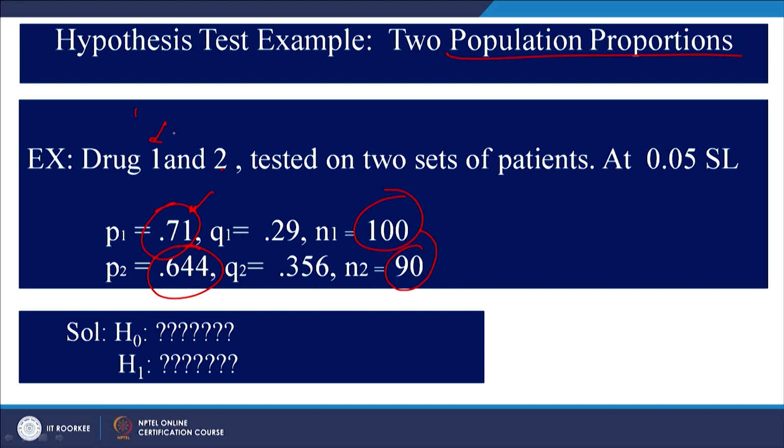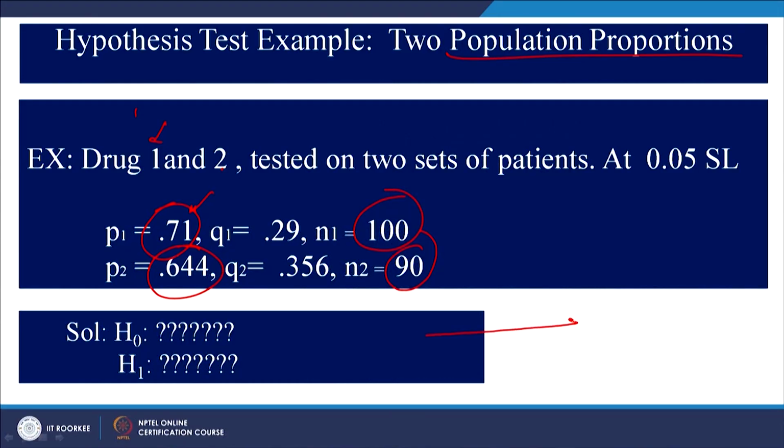So, we have to check, are these two drugs equally effective? That is the question. The null hypothesis will be, of course, pi 1 is equal to pi 2, and the alternative would be pi 1 not equal to pi 2, right.